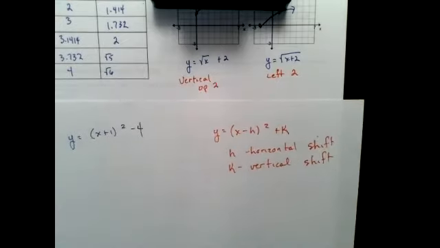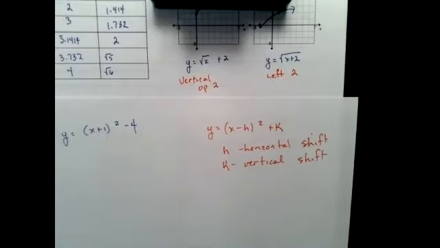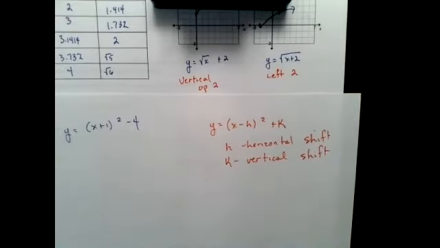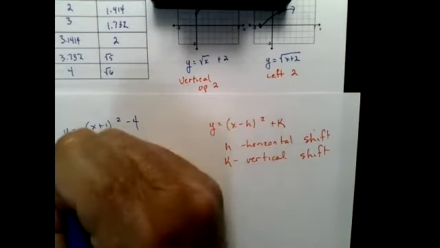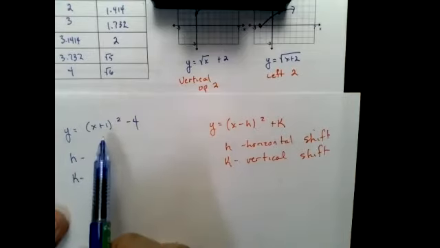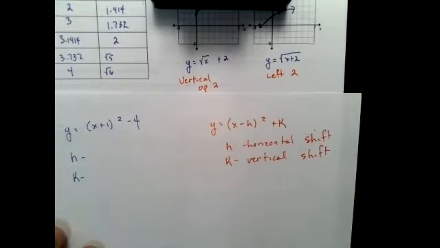Now, the next problem is this. y equals x plus 1 squared minus 4. Like I said, I'm going to do it instead of on one graph, the way I would expect the student to do it. I'm going to start with what is my h and what is my k. And the reason I start with h first is that's the one that's inside, and I work my way out.